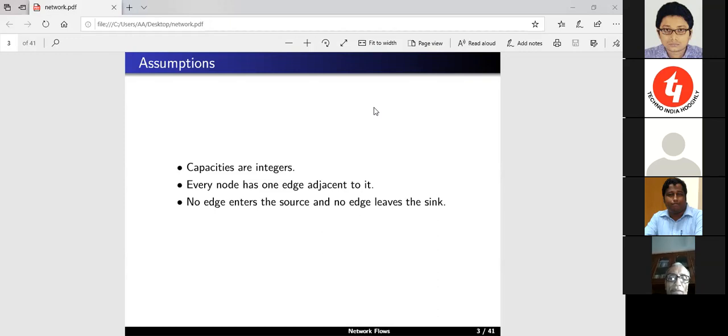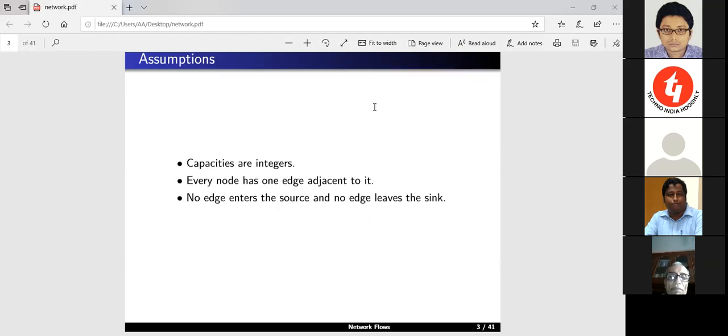Because the source is not the receiving node, nothing comes into the source and nothing goes out of the sink. These are simple assumptions, and if in a practical situation that is not true, there are artificial modifications that can be made so that it fits into this model. With this model, we are trying to solve the problem of the network flows. Let's see what we mean by flow.